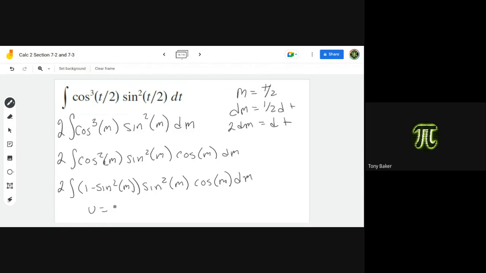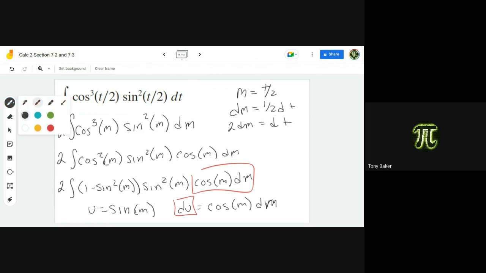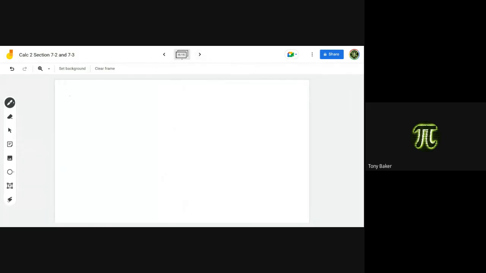So U is sine of n. So du is cosine of n dn, which we have. So that is that. So I end up getting 2, 1 minus u squared du.